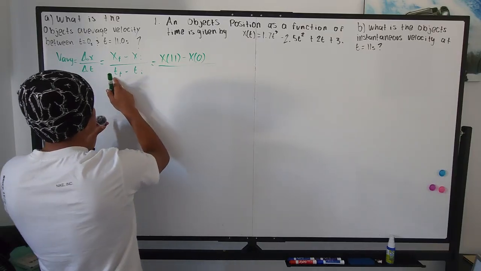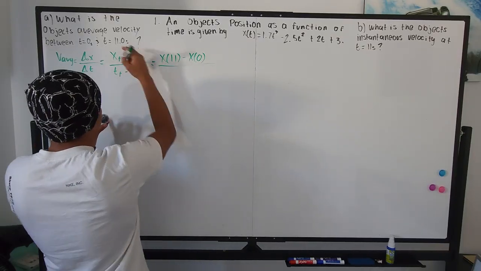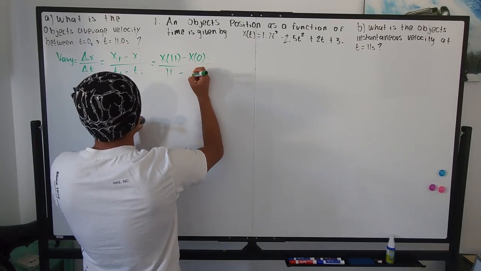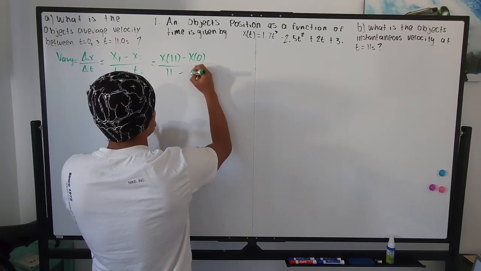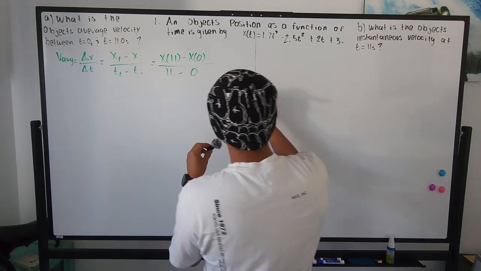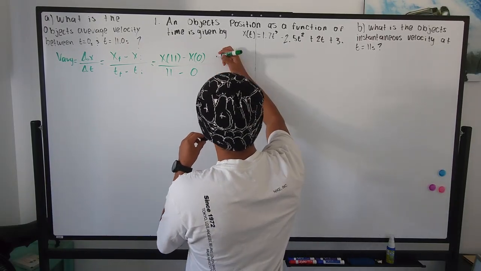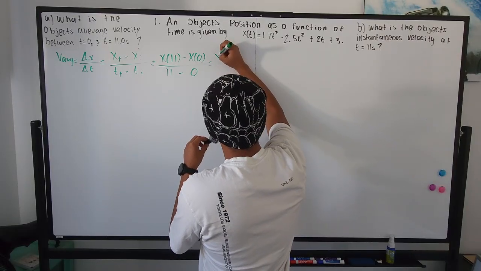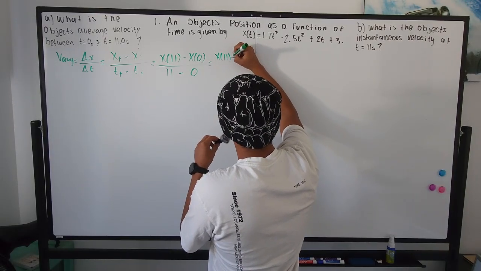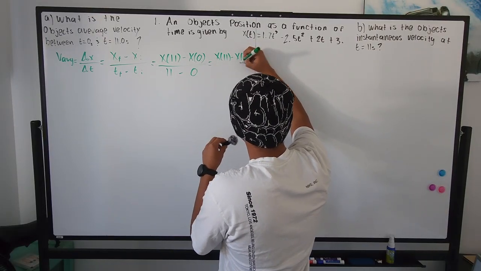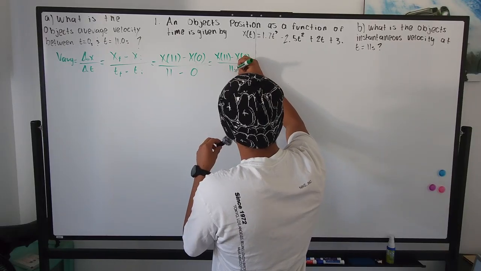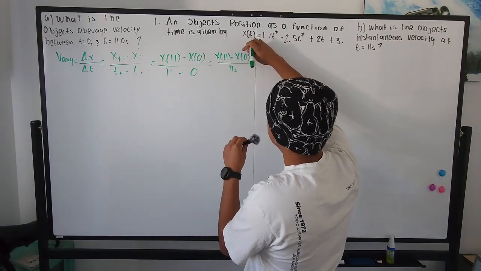All divided by time final minus time initial. Time final is 11 seconds, and time initial is 0 seconds. Simplifying, we get x of 11 minus x of 0 all over 11 seconds, and these are in units of meters.